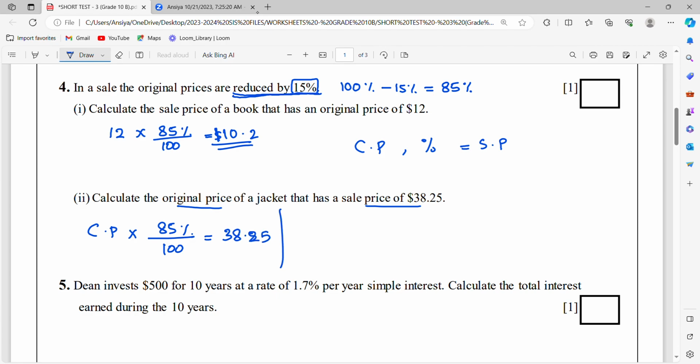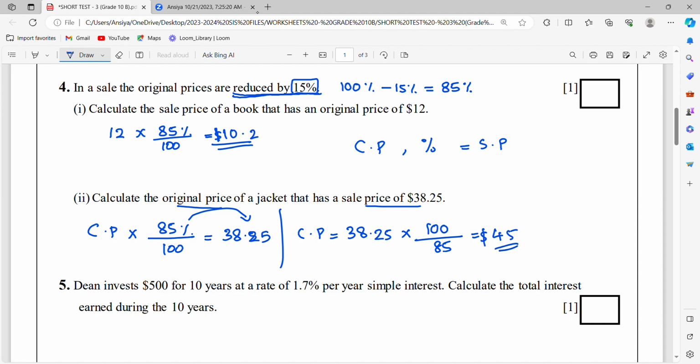So how to find out the cost price? We know we can move the fraction to the other side. So 38.25 times, flip the fraction, 100 over 85. Now we will calculate it. 38.25 times 100 divided by 85. So the price is 45. Now check whether it makes sense.